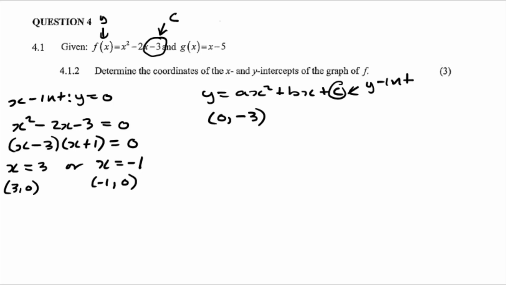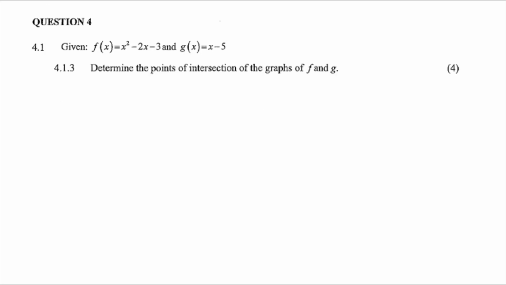For the next question, we need to determine the points of intersection of both functions. Remember, at the point of intersection, f of x is equal to g of x. Now f of x is given by this equation here, and g of x is given by this equation.